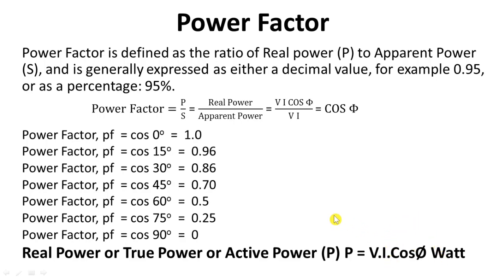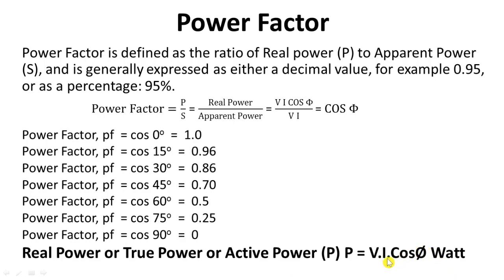Then if we take the last condition, cos 90, meaning voltage and current have a phase difference of 90 degrees, then it is 50 multiplied by 2 and multiplied by cos 90, which is 0, so active power becomes 0 watt.